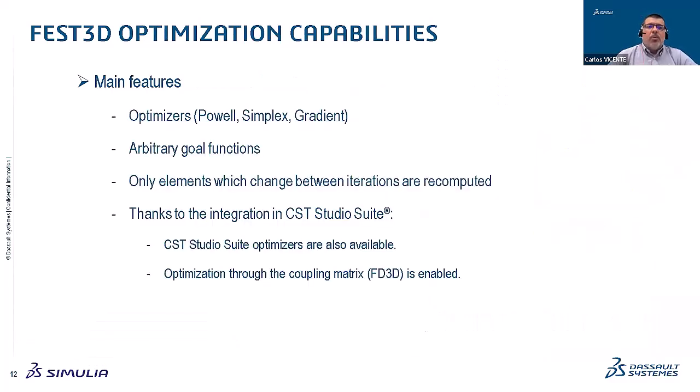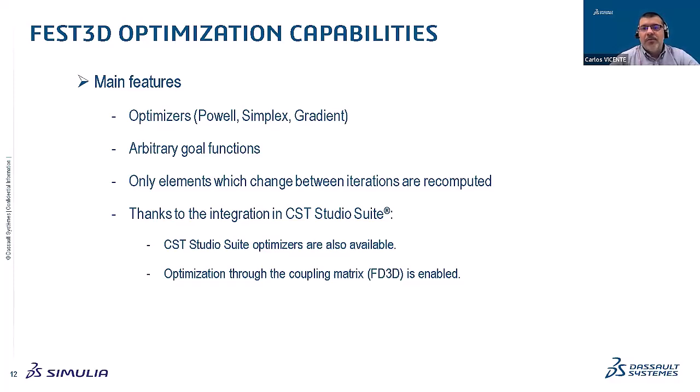Okay, so as said, that was the part for analysis. We also have optimization capabilities, fully integrated optimizers like Powell, Simplex, or Gradient, which also incorporate the possibility to use arbitrary goal functions. And this is what I meant before that I wanted to remark now. There is an important aspect that boosts the performance of the optimization in FAIR3D, which is the fact that only those building blocks or those parts that are modified during optimization are recomputed.